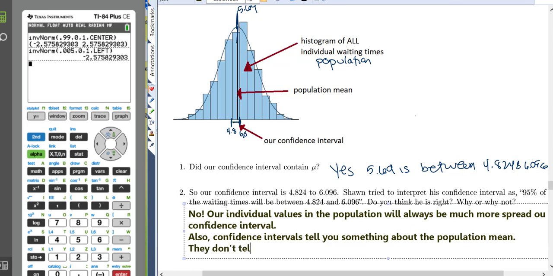They don't tell you anything about the individual values in the population. So anytime you read something like this and they try and give you an interpretation like 95% of all the actual individuals will be within the confidence interval, that's going to be wrong. It doesn't tell you anything about the individual values, and if you were to actually graph it out, the individual values have a much wider spread than our actual confidence interval.